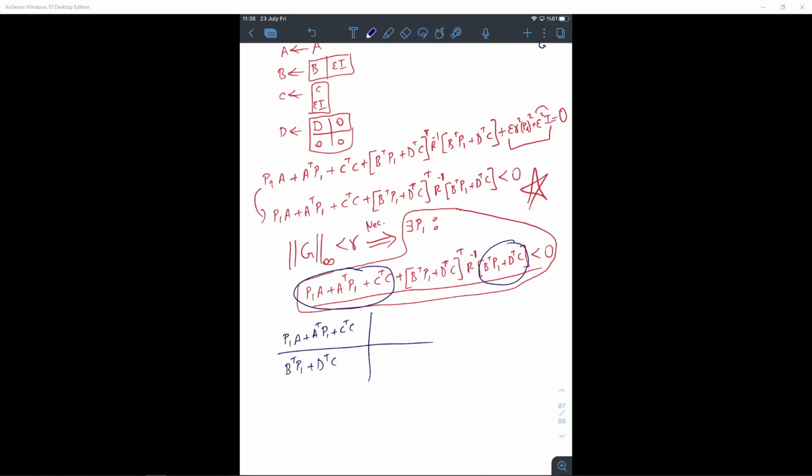And the transpose of this term, I want to write this actually, P transpose P1 plus D transpose C transpose. This is a symmetric matrix, right? D transpose D minus gamma square identity, and less than 0 by Schur lemma, right?